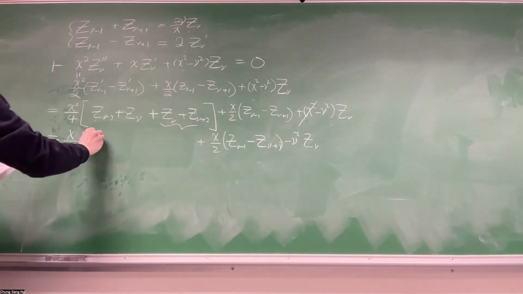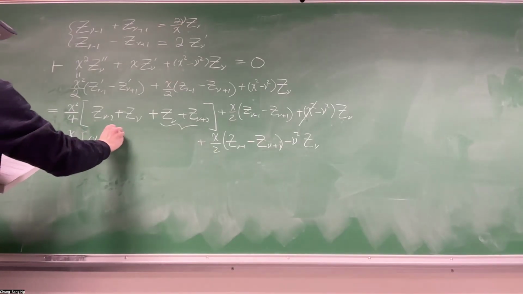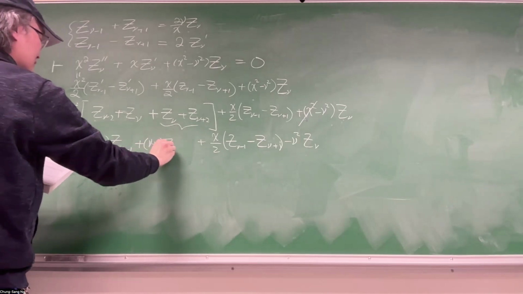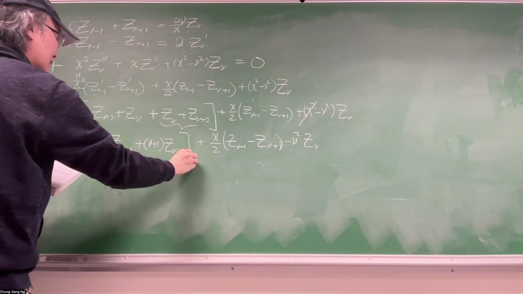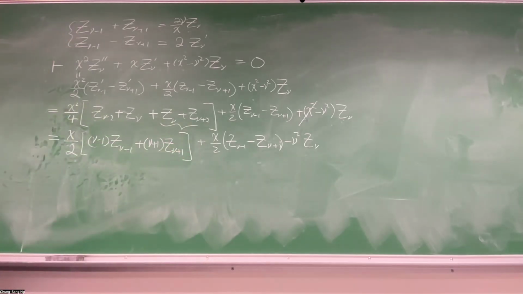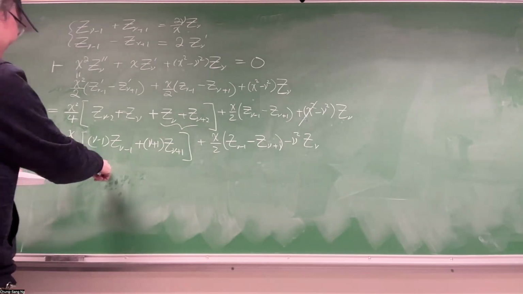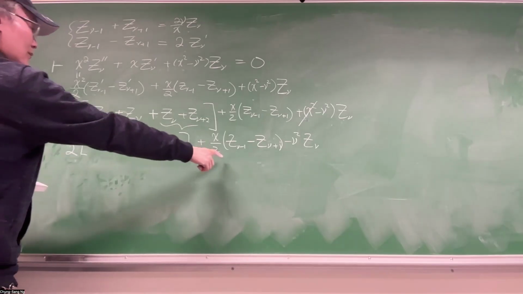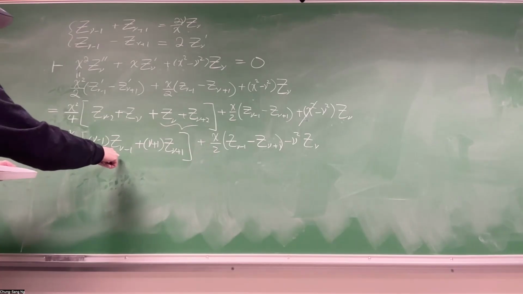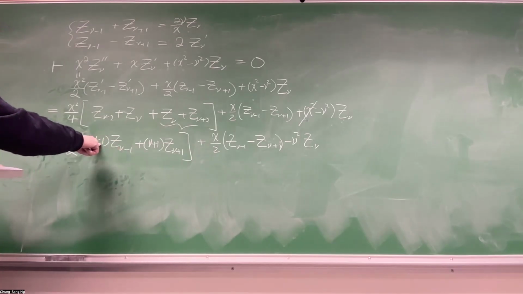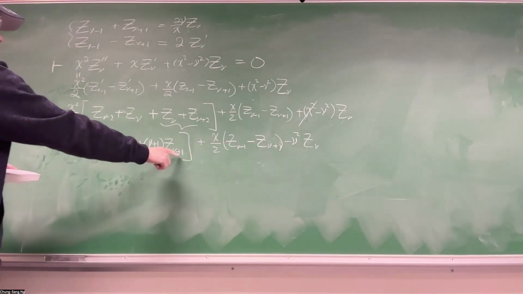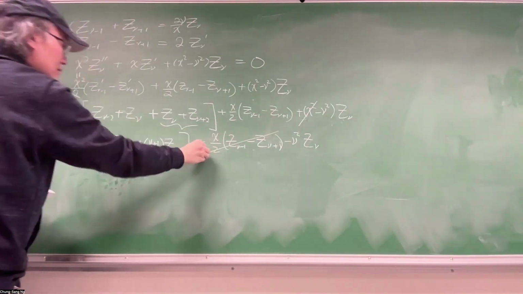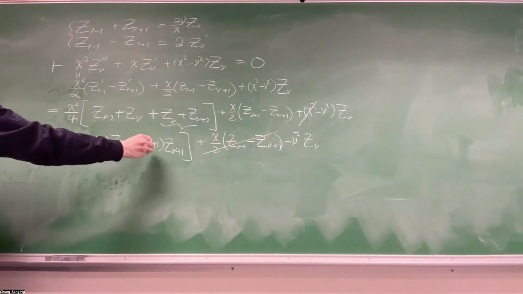So this is nu minus 1, the nu minus 1, and this is nu plus 1, the nu plus 1. Okay, so that's more like it. Now the idea is you have x over 2 on both sides, and you have the z nu minus 1 term with a plus 1 on one side and minus 1 on the other, and the same for z nu plus 1. So you can cancel the whole thing, just this minus 1 and plus 1 term.